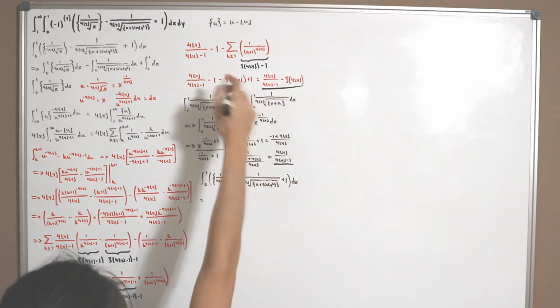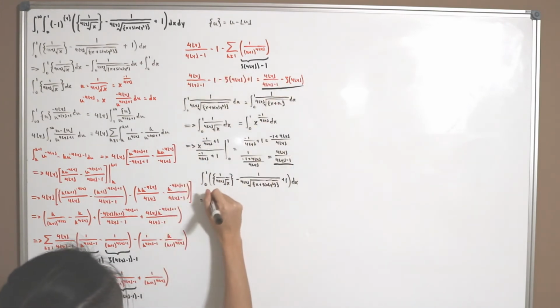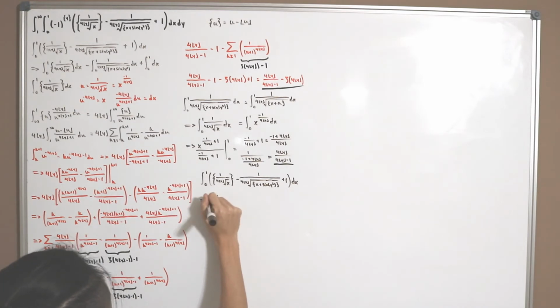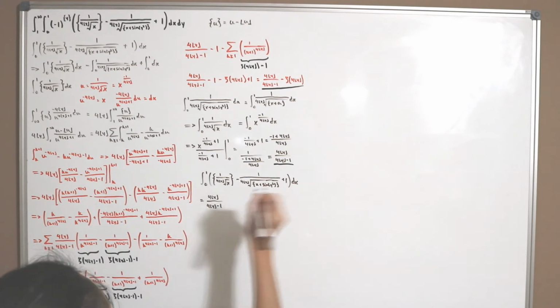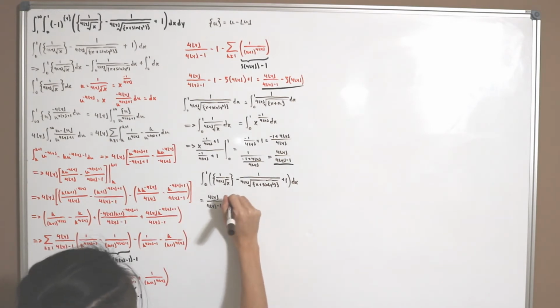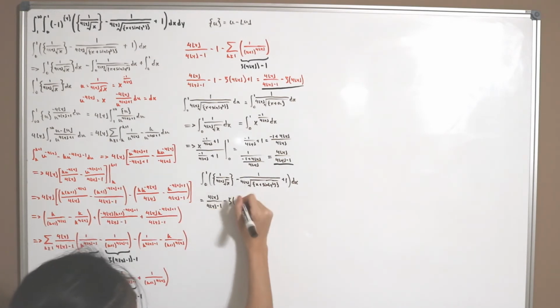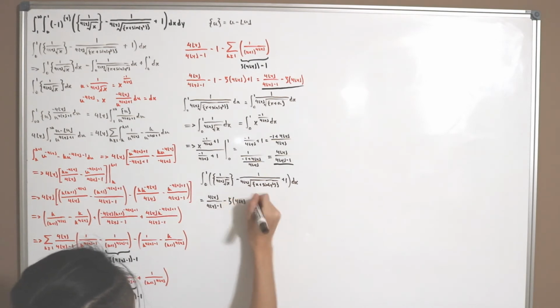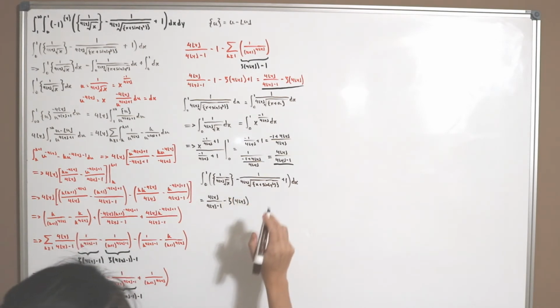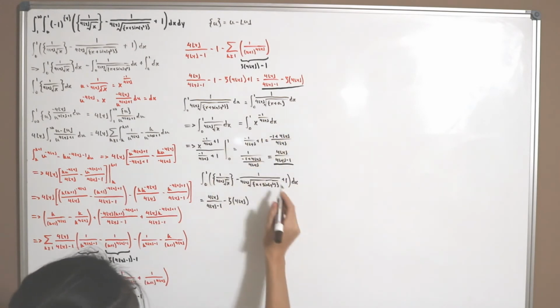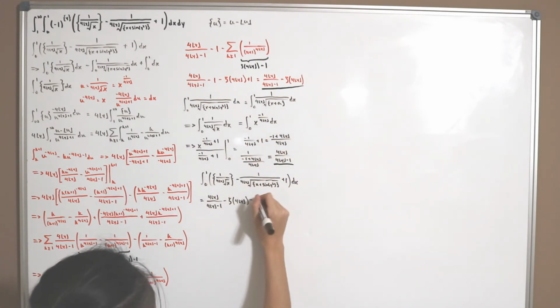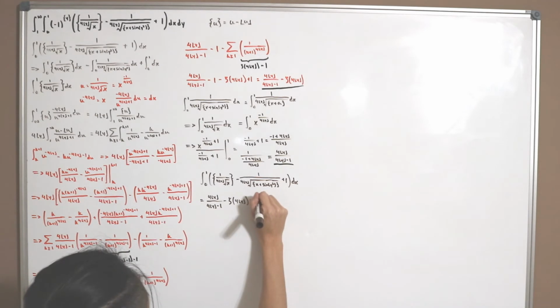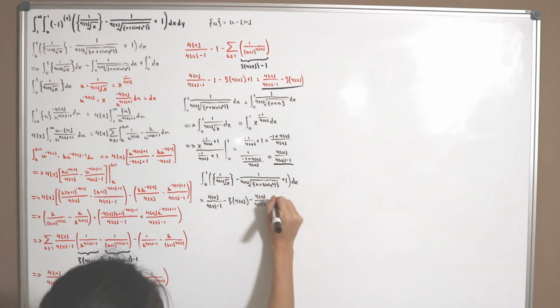This is 4 floor y divided by 4 floor y minus 1, and then subtract that from our Riemann-zeta function of 4 floor y. And then subtract minus 4 floor y divided by 4 floor y minus 1, and then plus 1.